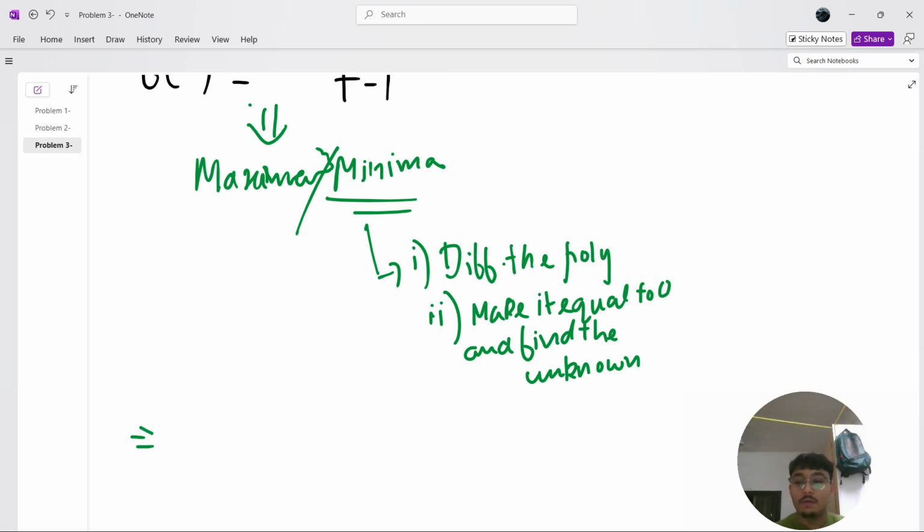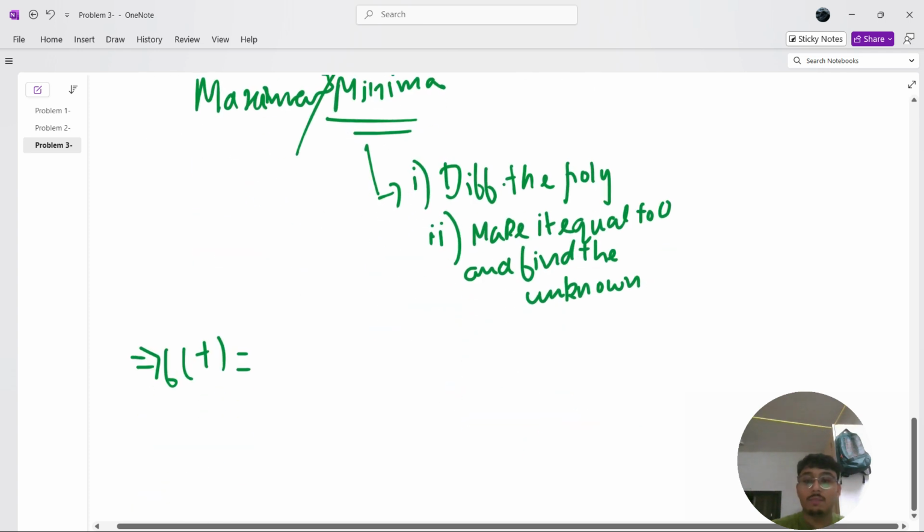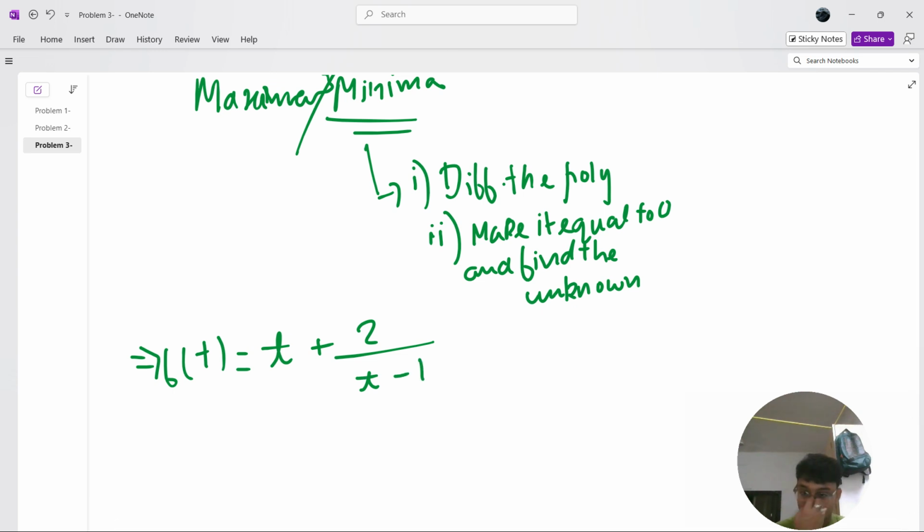So here my f of t is t plus 2 by t minus 1. Now what I will be doing is f dash of t is 1. So how do we differentiate this function?